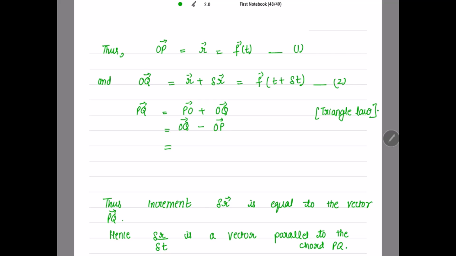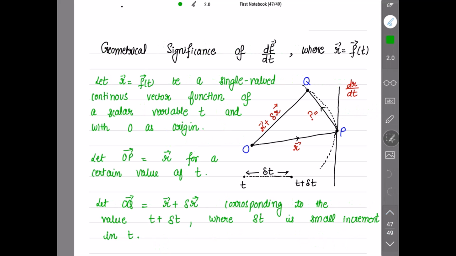Now writing OQ as r vector plus delta r vector. OP vector is r, so r and r cancel. So this is equal to delta r. So that means PQ vector is nothing but delta r.